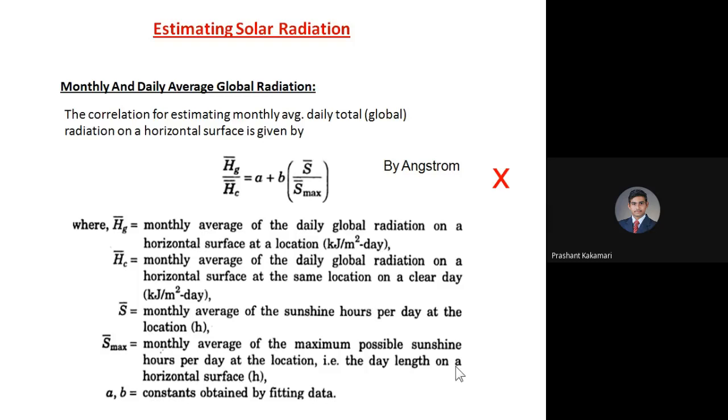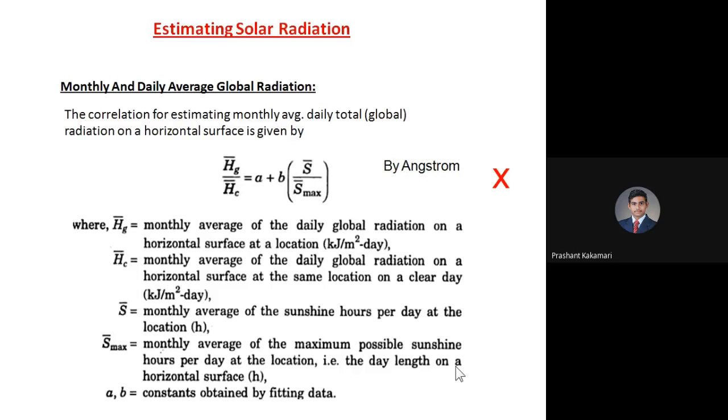When the sun is clear, say for example in September 2 days are clear with sunlight, 12 hours the sun was shining, and the remaining around 10 days were completely cloudy. Out of that we have to consider 2 days for the clear days, and for Hg bar you have to consider all the days of the month. For Hc bar, I'll take only those 2 days and take the average.